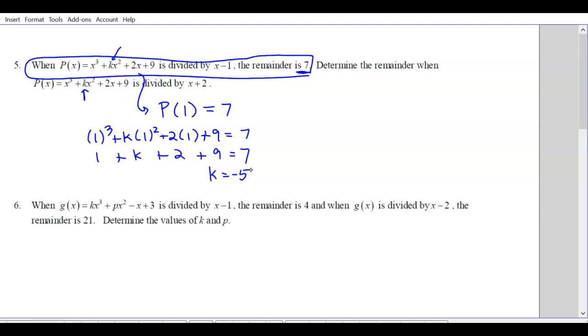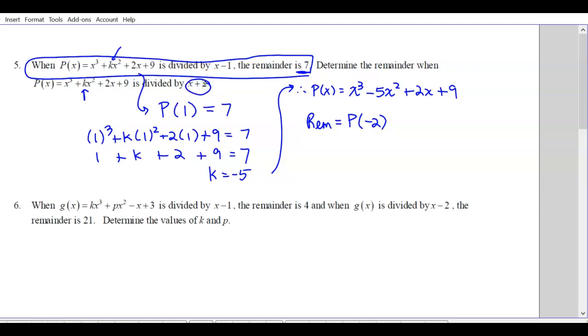So now we know what p of x is. Therefore, p of x is x cubed minus 5x squared plus 2x plus 9. So the remainder will be equal to p of negative 2, right? The value of x that makes that zero.